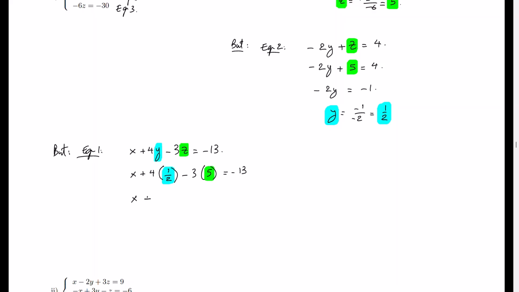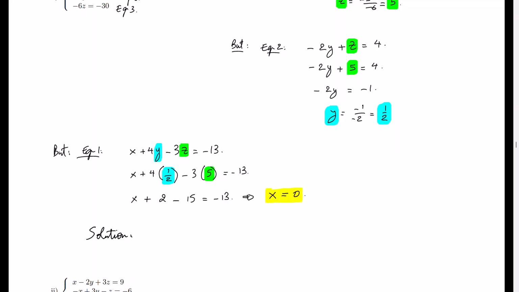First of all, 4 times a half is 2, 3 times 5 is 15, and I'm supposed to get negative 13 on the other side. So solving this for x, what is x supposed to be? 2 minus 15 is negative 13, and when I move it to the other side, it becomes positive 13. So x is expected to be 0. So what is my ordered triplet? What is the solution of this problem?